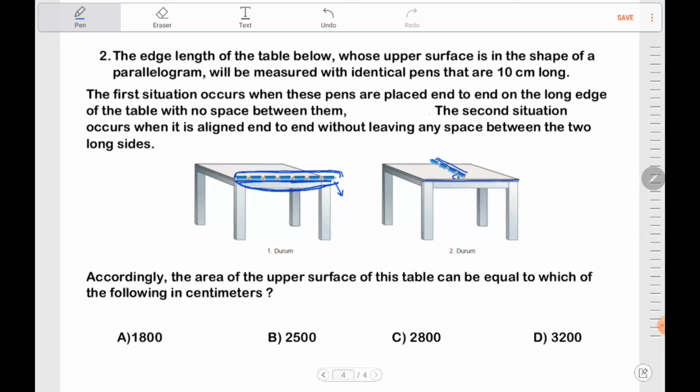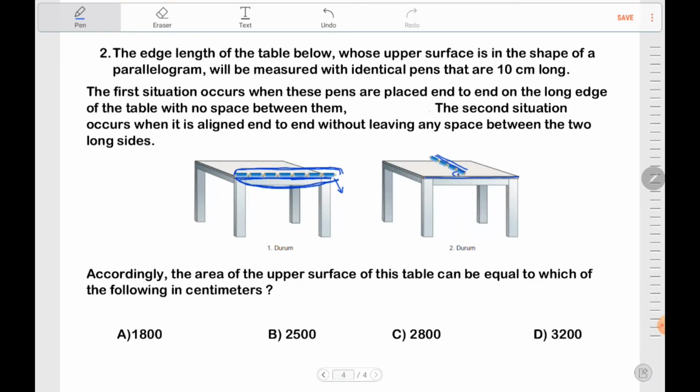So again, the length of the pens is not equal to this height. The length of all the pens is a little bit longer than the height.